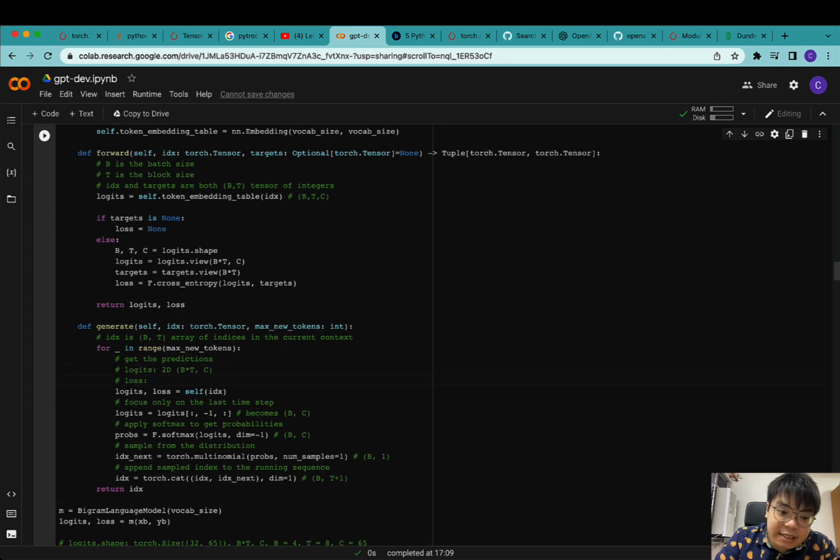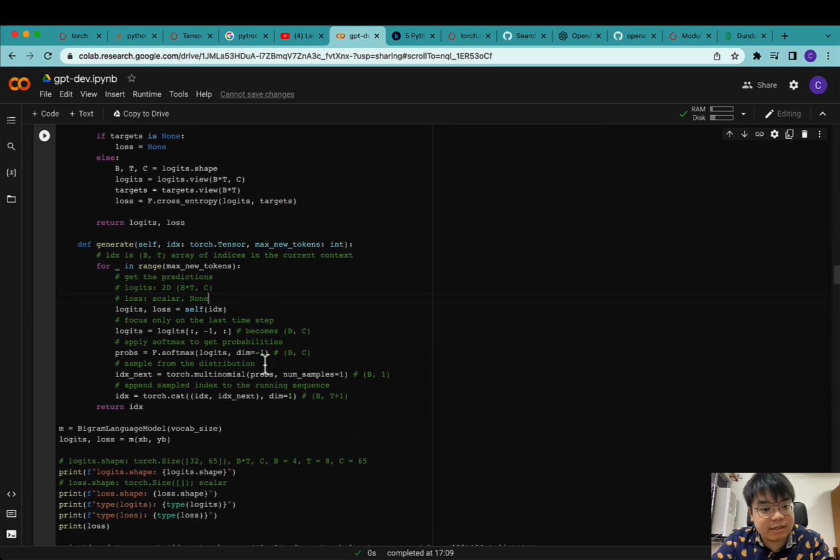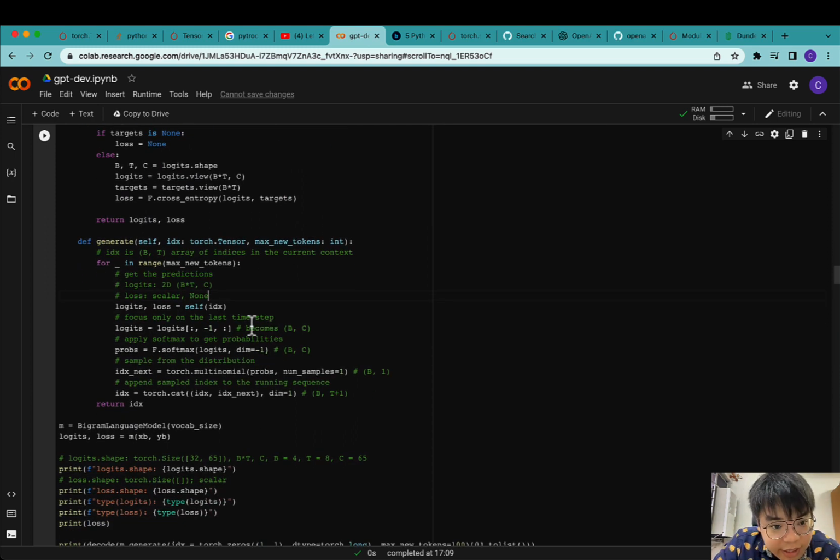And loss in this case is scalar, and in this case it is None because there's no loss calculated over here. So we do logits equals logits sliced, B, C. Okay.